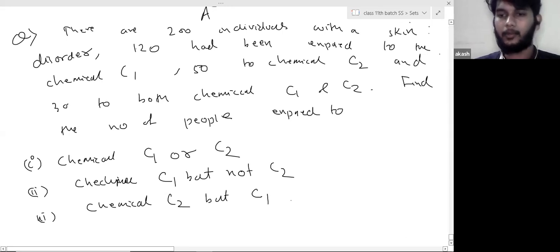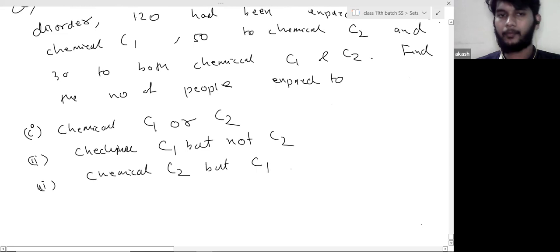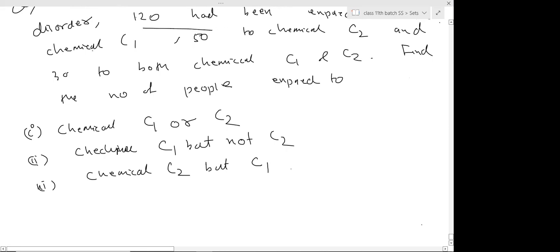See, let's try the first part. They are saying we have in total 200 individuals who are faced with some skin disorder. 120 people had been exposed to chemical C1.